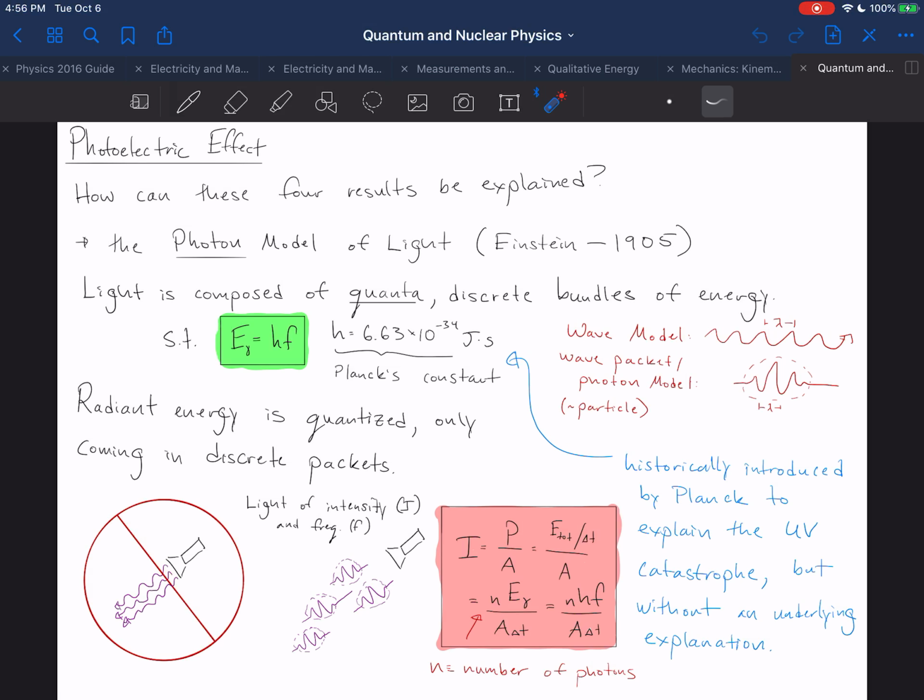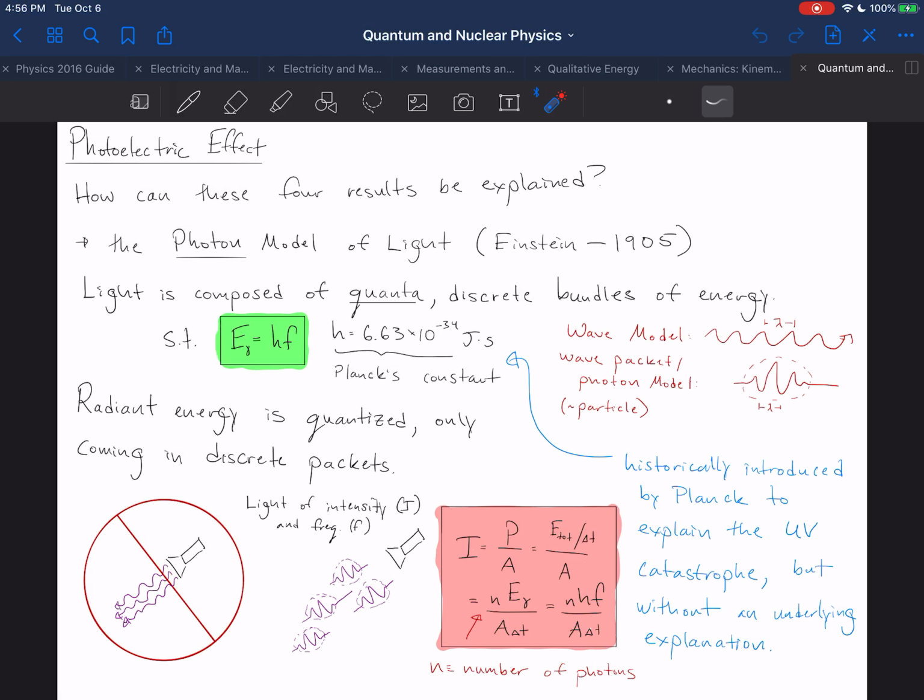And so the image to have in your head of what Einstein considered to be the photon is not quite a particle exactly. If this is our pure wave model, here's our wavelength of this wave, shown right here. What he had in mind is closer to what is known as a wave packet, which you might remember from when we introduced them in topic 9, or topic 4.